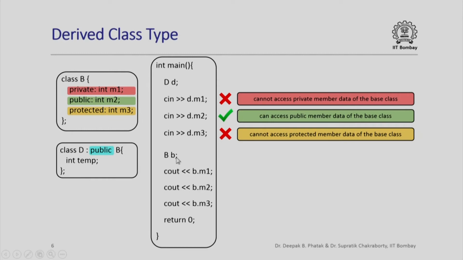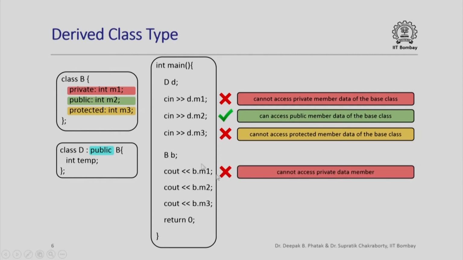Since this object small b is of the class capital B, it has all three data members m1, m2, m3, but because m1 is specified to be a private data member, I cannot access m1 from the main program over here, so this will again give rise to a compilation error.